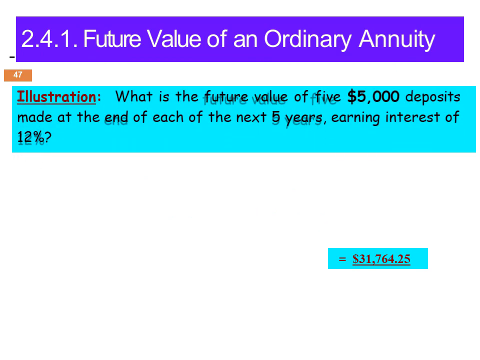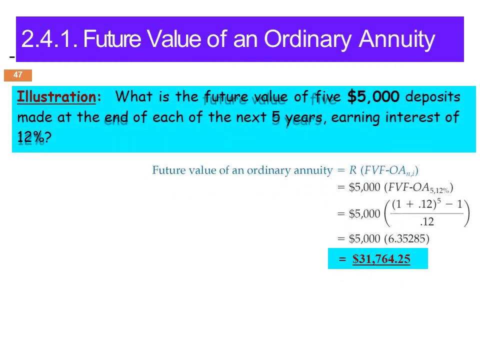Future value of an ordinary annuity, again, illustration: what is the future value of a 5,000 deposit made at the end of each of the next 5 years, earning interest of 12%? If our statement says at the end, we are going to search for an ordinary annuity.